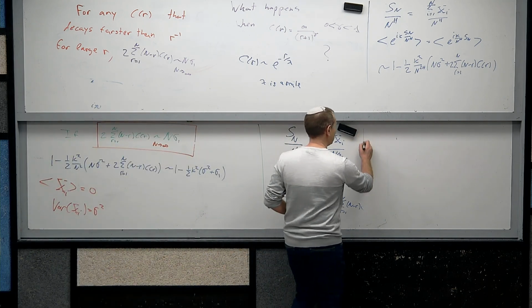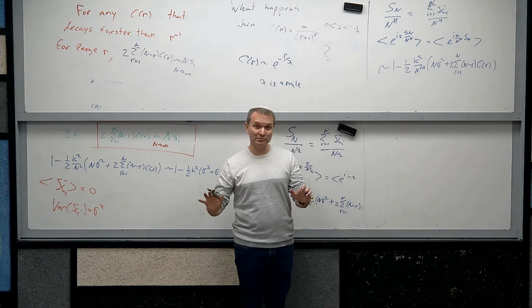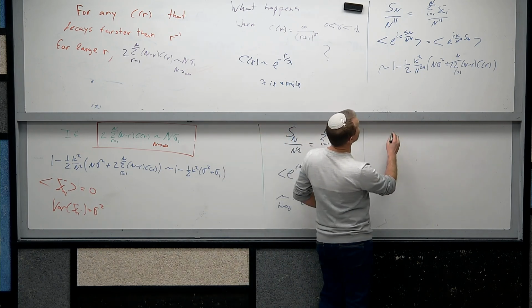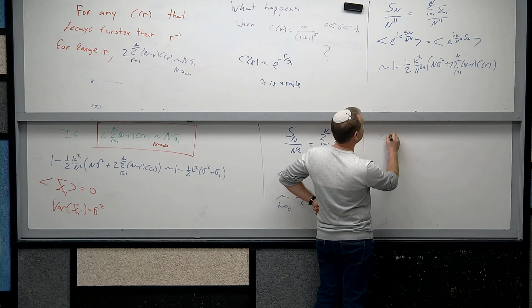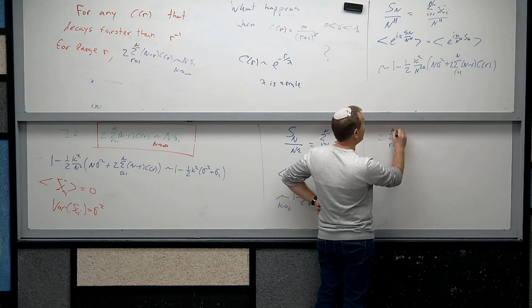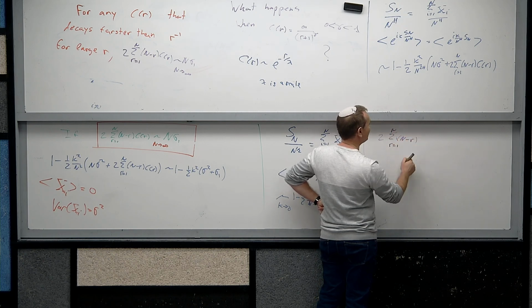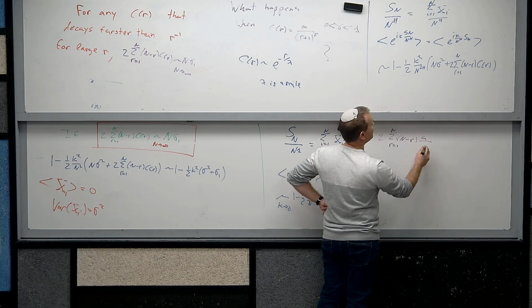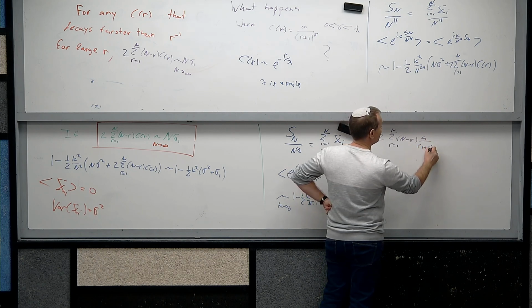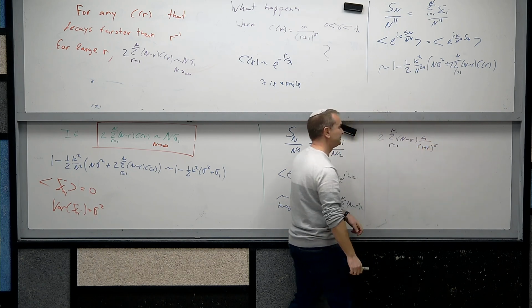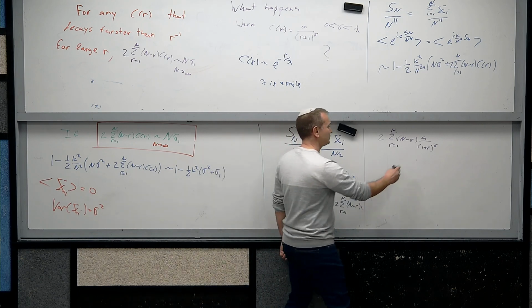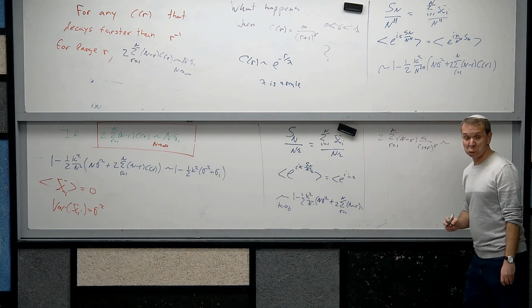It's not an integral, but it's approximately an integral. I'm looking at this term and saying, well, I have 2 summation r goes from 1 to n minus r, and here I have a divided by 1 plus r to the power of gamma. It's approximately the integral.